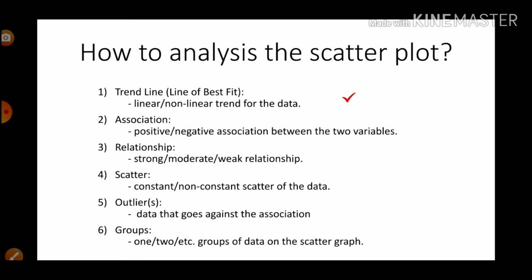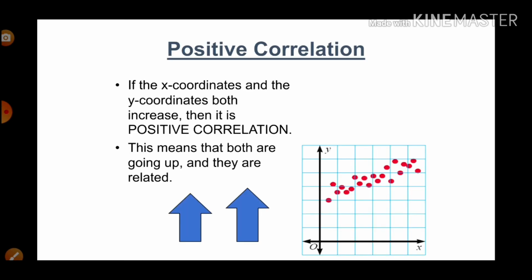Next, let's have a look at association. First of all, positive correlation. If the x-coordinate and the y-coordinate both increase, then it's positive correlation. Remember for the linear graph, if the gradient goes up like this from left to right, it's a positive gradient. It's the same concept. As x increases, the y value also increases.